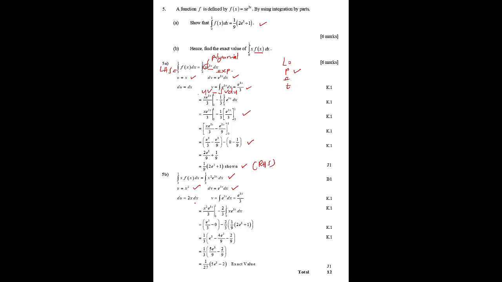So you need to differentiate, dv you need to integrate, and then substitute into the formula of integration by parts, and then you need to solve the integral of v du. So you will get this, and then okay.